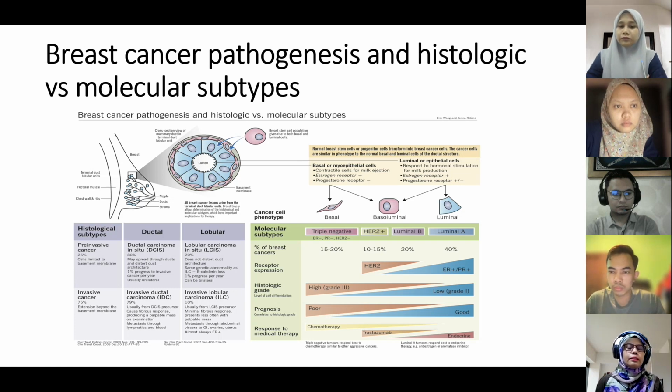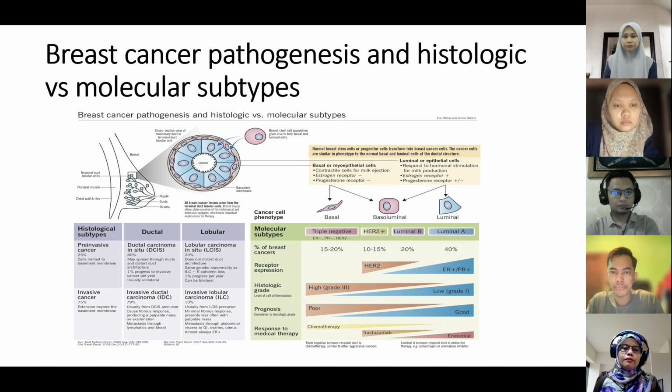Once we diagnose this cancer, whether it is ductal or lobular, we do the molecular subtype for ER, PR, HER2 to detect a more definitive diagnosis. And from here we can see the prognosis of the cancer, whether it is good or poor.